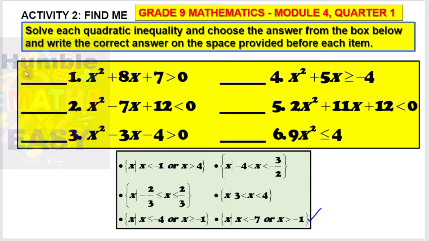The set of all x such that x is less than -7 or x is greater than -1. So I would write that one there and fit it in.